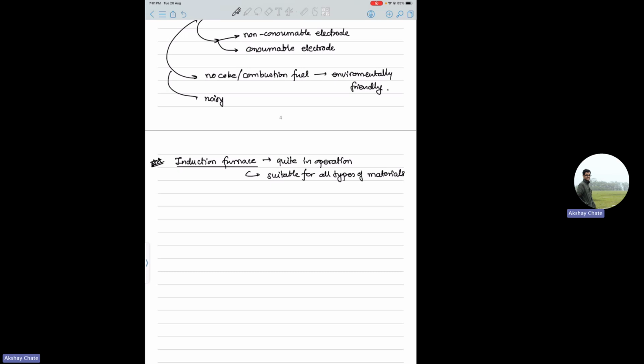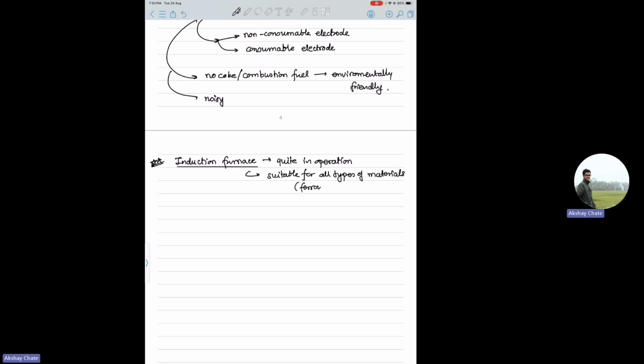So advantages are like quiet, energy efficient, clean, less pollution, etc. And the disadvantages, there are not many disadvantages, because depending on how much carbon percentage you want, you put that much in your charge.